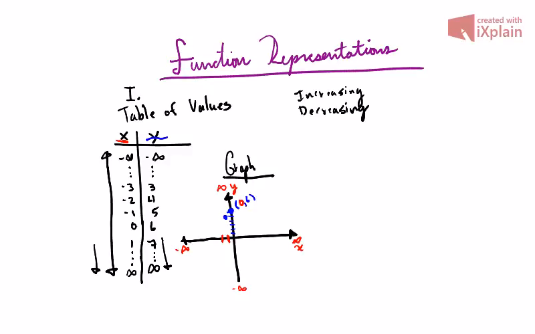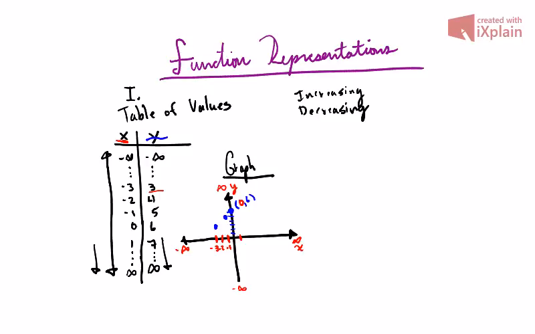So you can keep drawing the points if you want. At negative 3, negative 2, and negative 1, and at 1. At negative 3, I have 3.